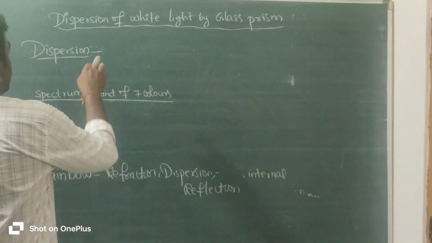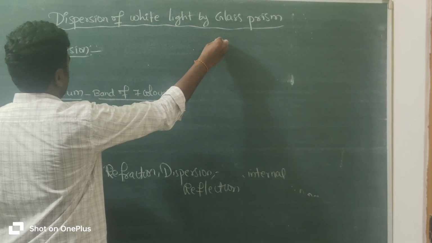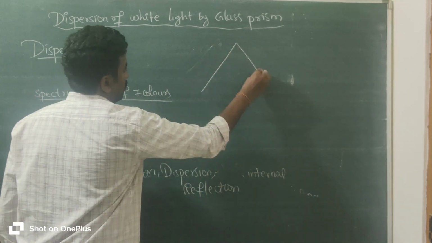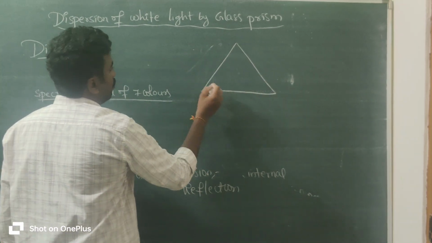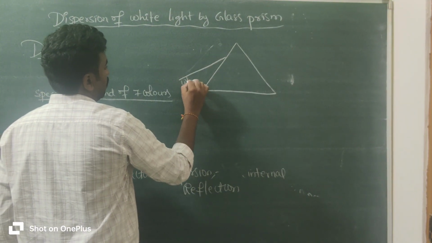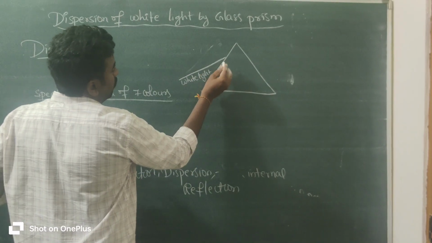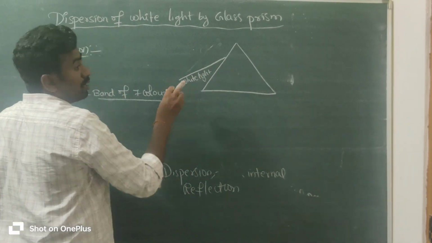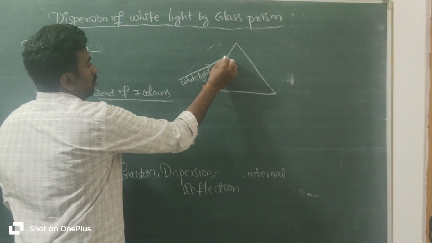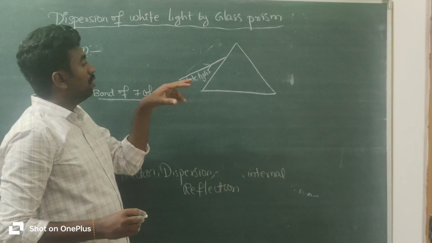Next topic is dispersion of white light by a glass prism. When you send white light through a prism, it is refracted and splits into various paths.